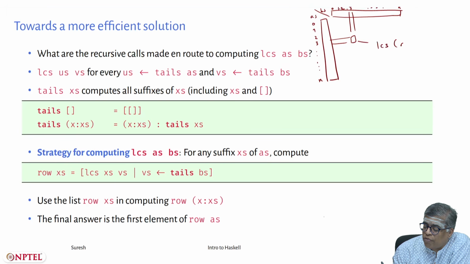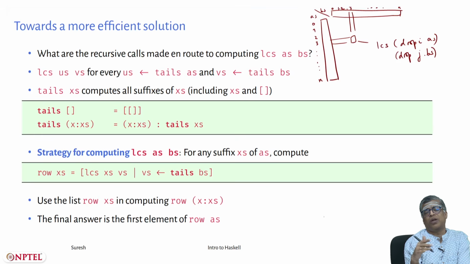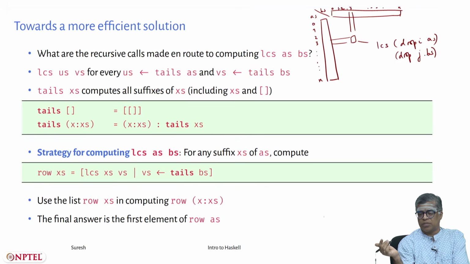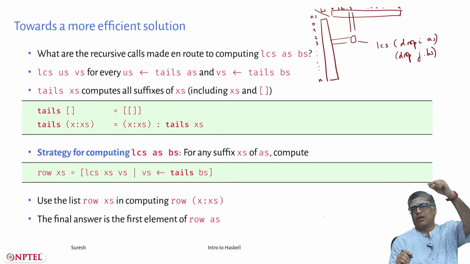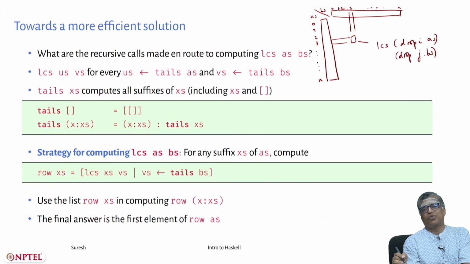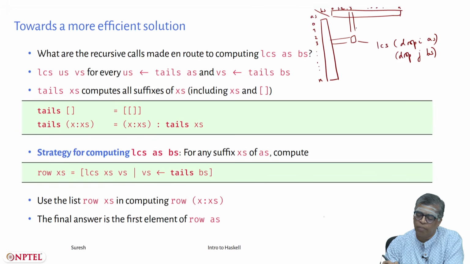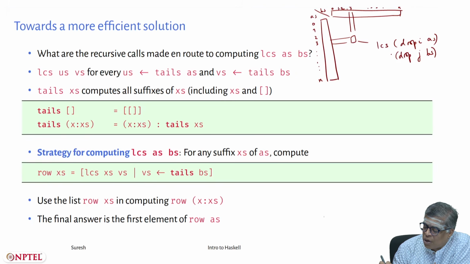It is LCS of drop i As. That is another way of getting a suffix. You drop so many elements, you will get a suffix. Drop 0 means the original list itself. Drop n means the empty list. So at row i and column j, the value you have is LCS of drop i As and drop j Bs. And now, as we know, to compute this, you need to know the value to its right, the value to the bottom, and the value diagonally opposite.